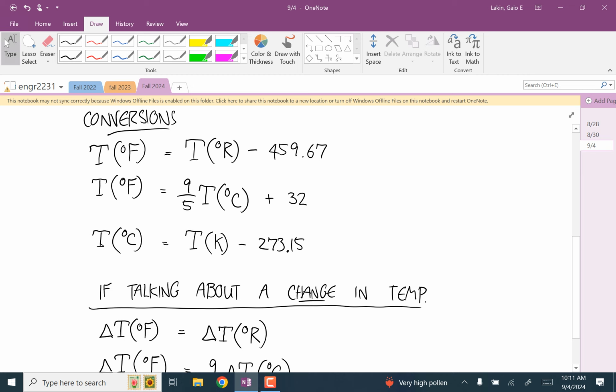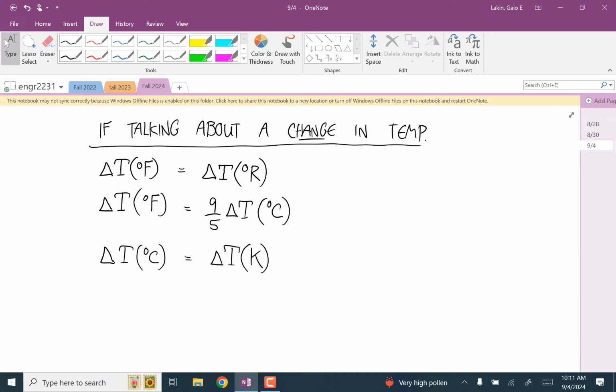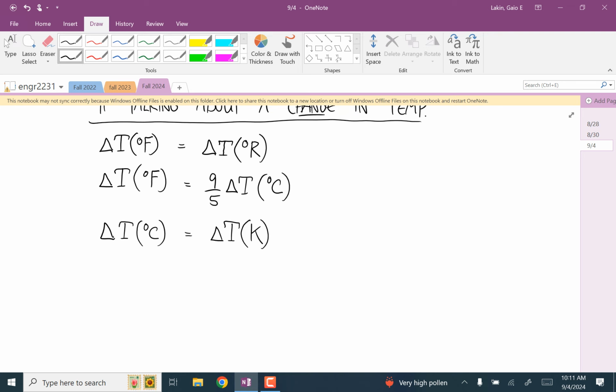A change in temperature is a difference in temperatures, and so those extra constants just cancel out when you take the difference. Okay. So you're going to have to do a few problems doing temperature conversions just to get used to it.